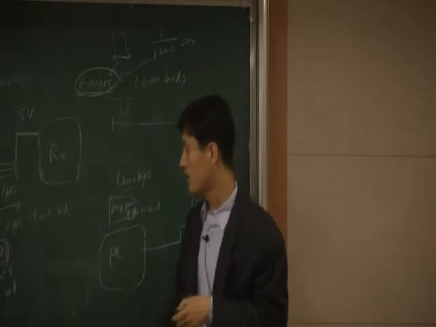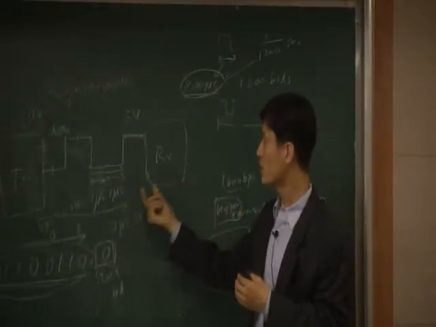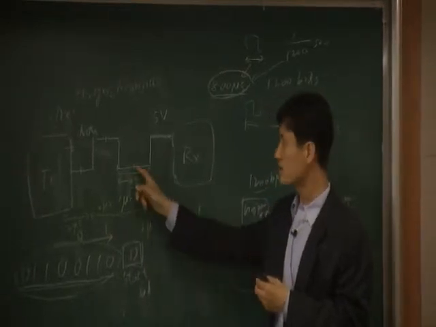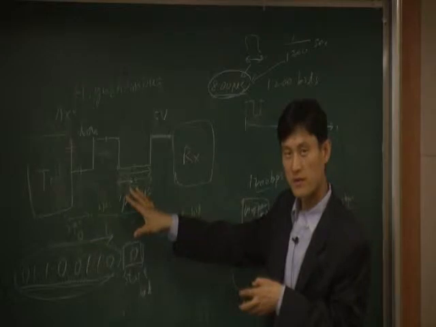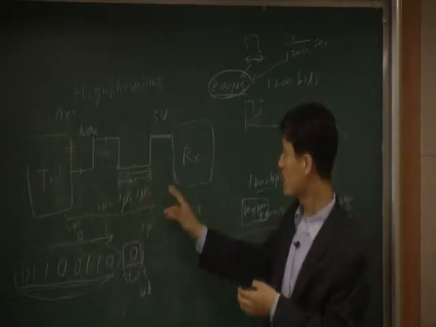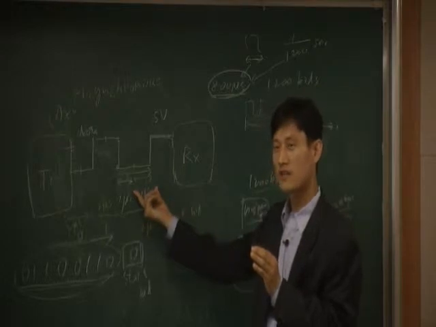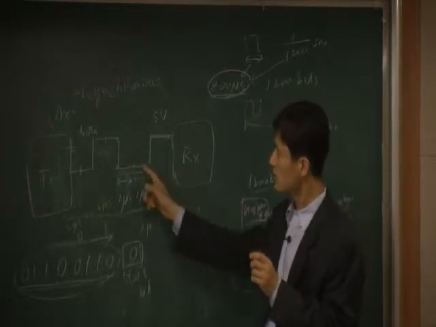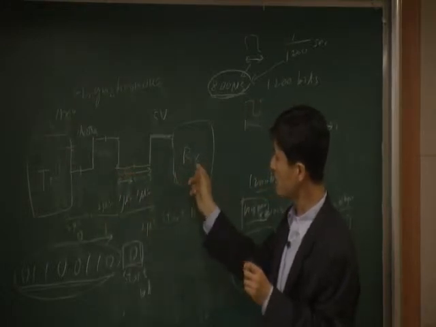Therefore, the receiver is not confused anymore because the receiver knows what the duration is. This problem happens because the receiver doesn't know anything about the bit duration. The receiver is receiving 110011, but the receiver is confused.